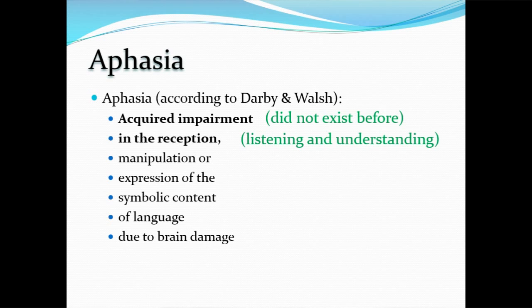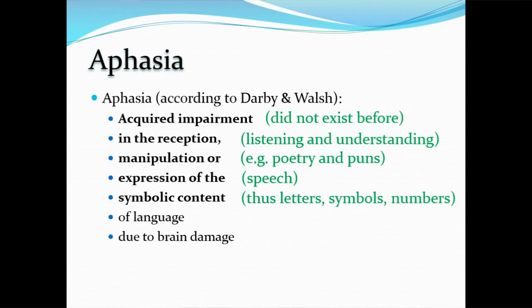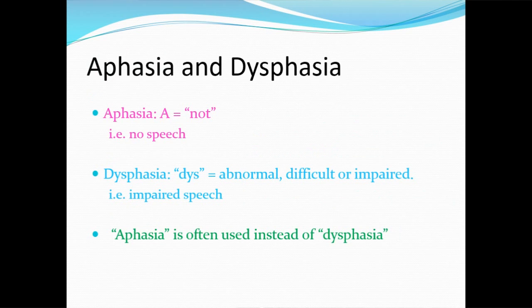In the reception, which means listening and understanding; manipulation, which refers to the manipulation of language, for example, through poetry, puns, and so on; expression, which is speech; symbolic content, in the forms of letters, symbols, numbers, of language due to brain damage. And the types of brain damage that we often think about when someone has aphasia are traumatic brain injury or stroke.